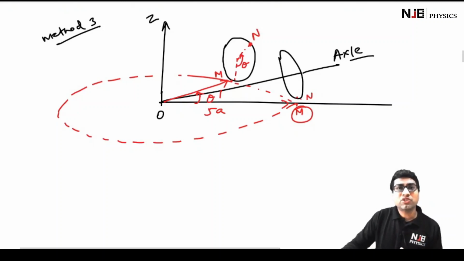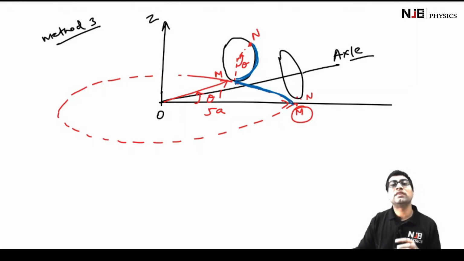Now it is very much common sense to say that the distance moved by point M must be equal to the distance moved by point N, because they are in pure rolling. So these two curved lines which I have made are going to be the same in length.